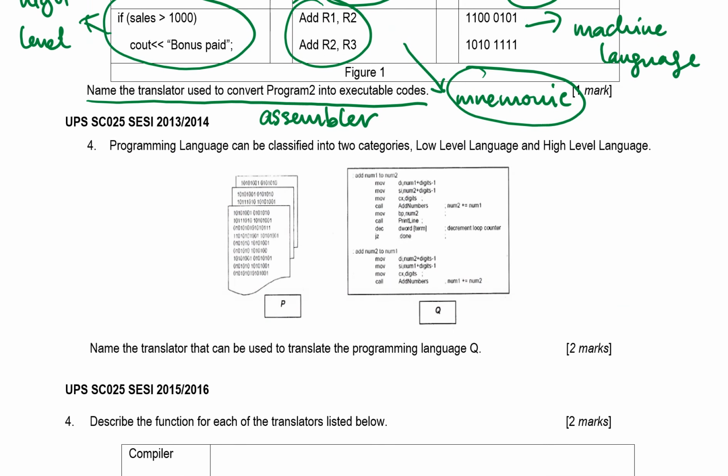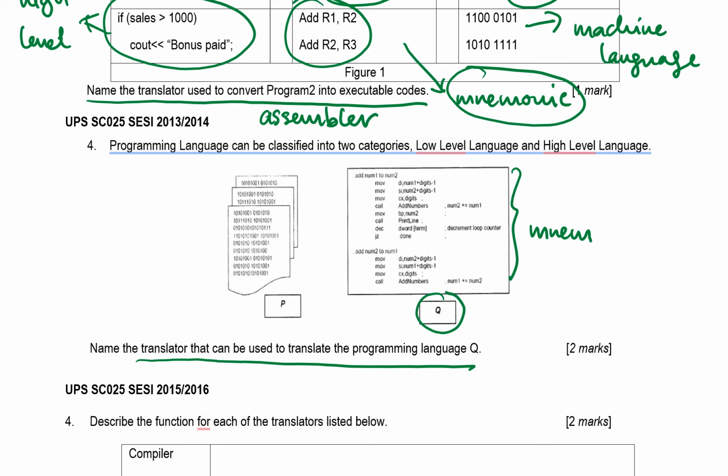Next, for question number 3. Name the translator that can be used to translate the programming language Q. Now if you can see, Q here uses mnemonics, or abbreviations or code.